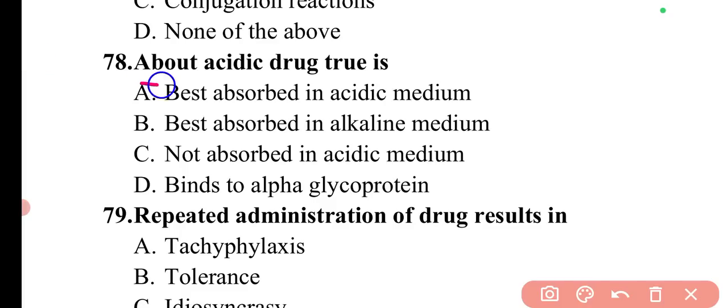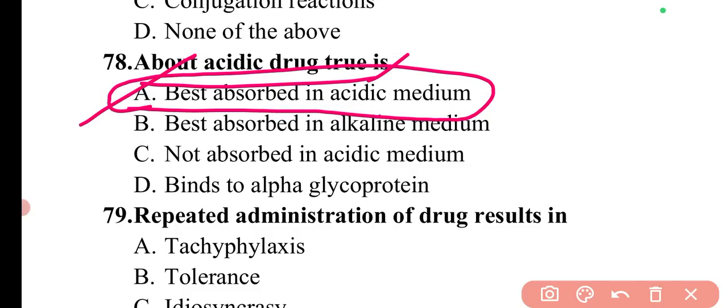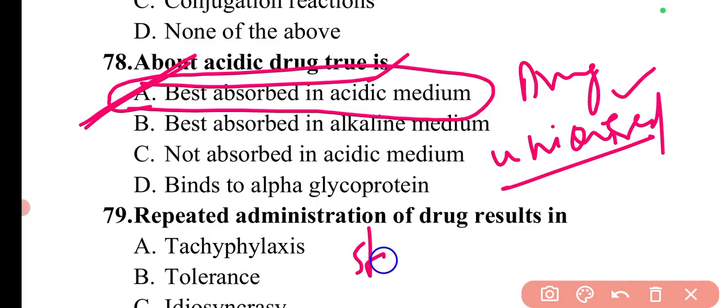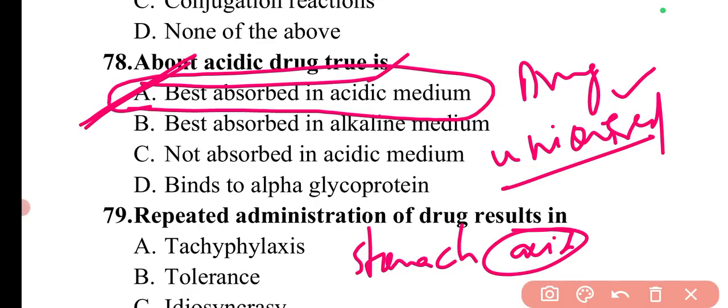So the question is about acidic drug. Regarding acidic drug, the true statement is that it is best absorbed in the acidic medium. Means acidic drugs are best absorbed in the acidic medium. Basically, the drug is best absorbed in its unionized form, and in the stomach there is acid present, hydrochloric acid is present there.